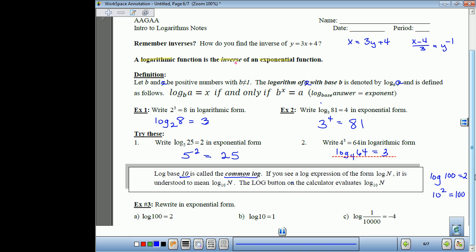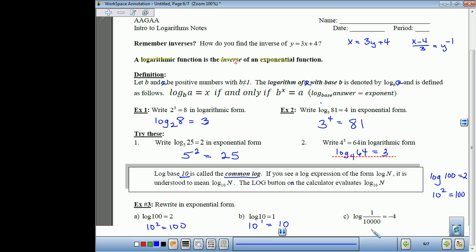Okay, so let's look at these 3 here. These are all common logs because there's no base given for any of these. So if we were to switch to exponential form, this would be 10 squared equals 100. Of course, the exact one I picked over here. What would this one be? 10 to the first equals 10.